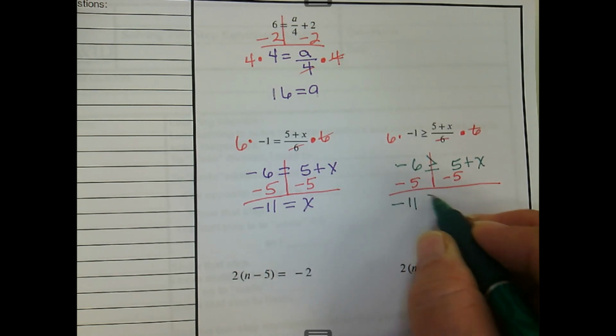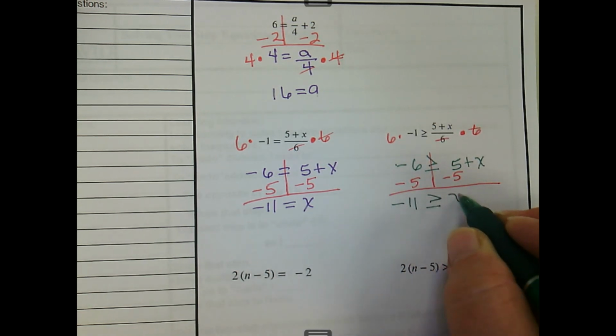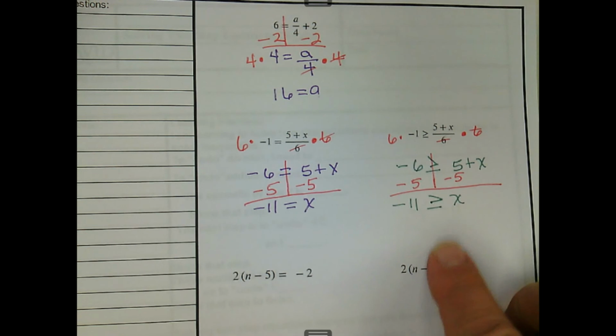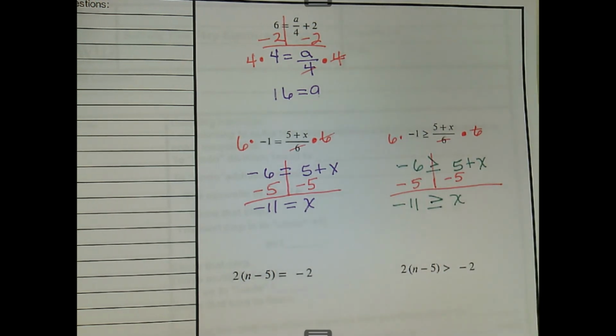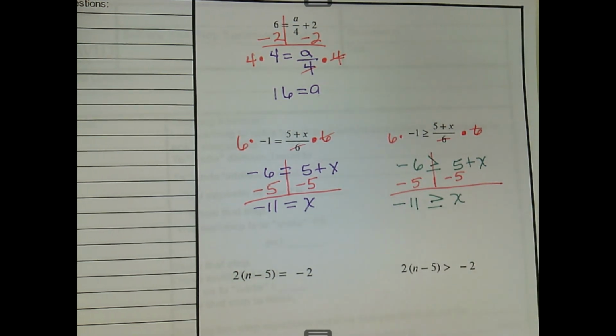Negative 11 is greater than or equal to x. The only time you have anything you have to remember is that if you multiply or divide by a negative number, your symbol switches to the opposite. If you multiply or divide by a negative number, you switch the symbol around.